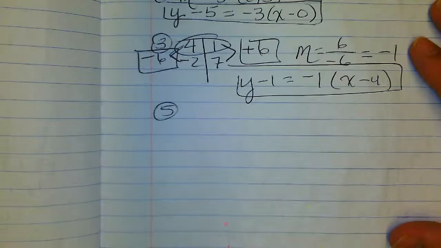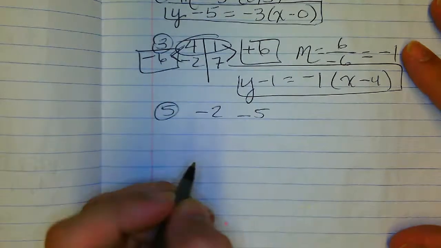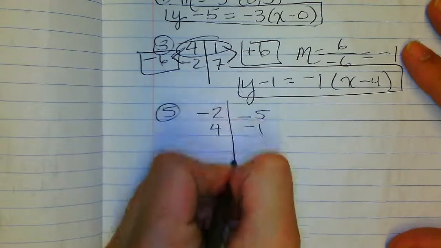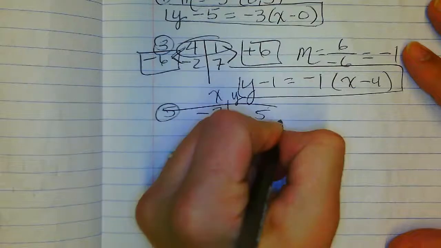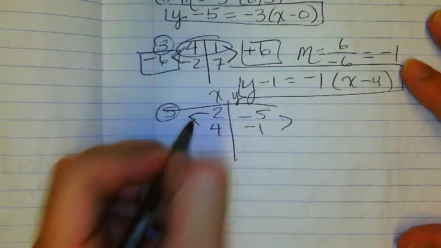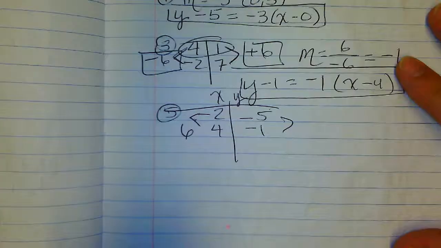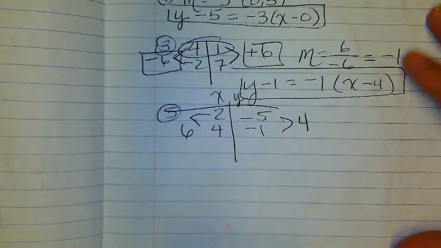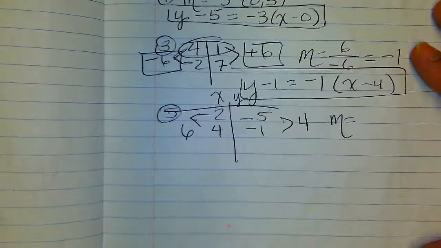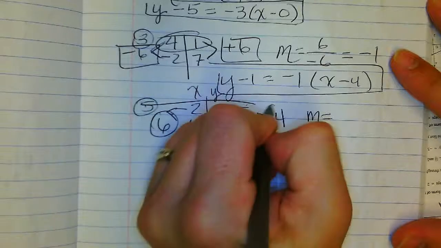All right, so number 5 gives us -2, -5. It gives us 4 and -1. All right, so let's talk about the common difference. Mr. Mauricio, what's the common difference of x? And how would we find the slope? If I have a 4 and a 6 here, how would I find that slope?